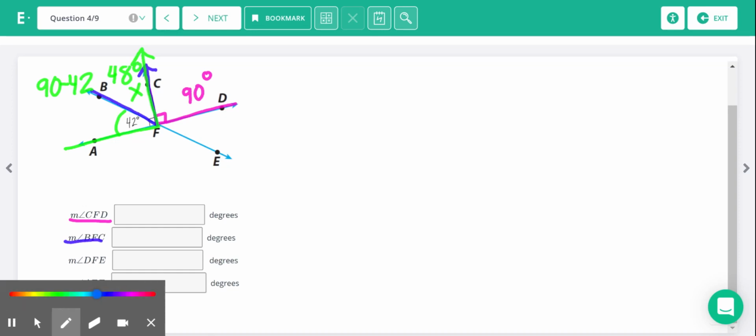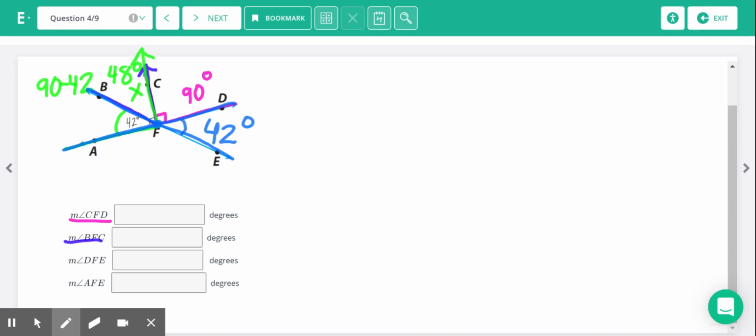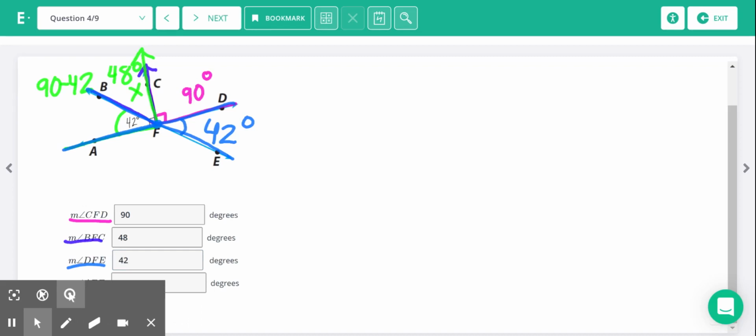Next, I want to find DFE. DFE is vertical to 42 because they share this vertex F and they're opposite, so this is 42. And finally, the last angle we're looking for is AFE. That is another set of vertical pairs.